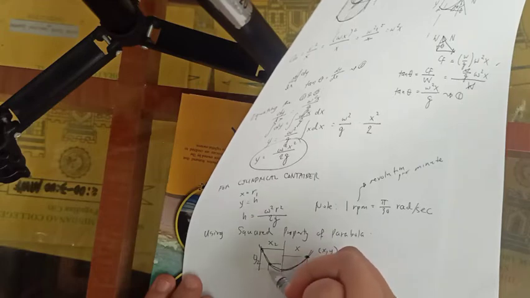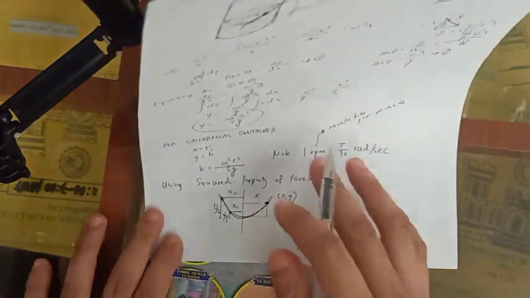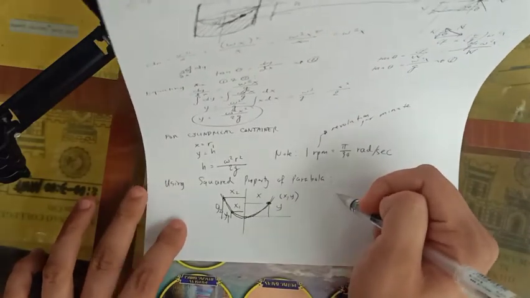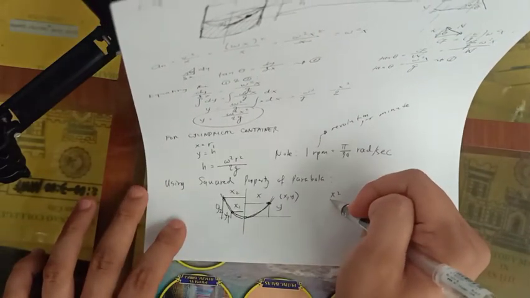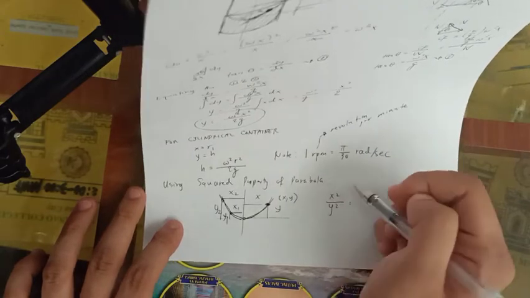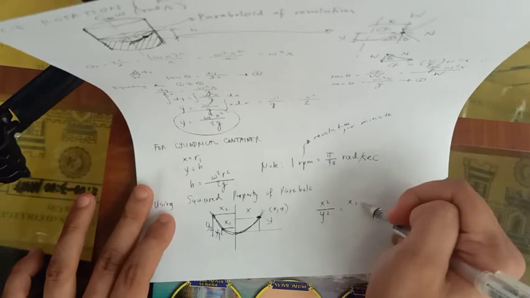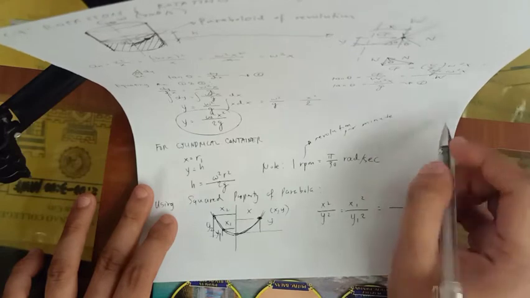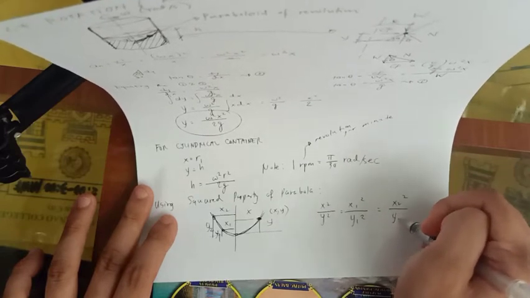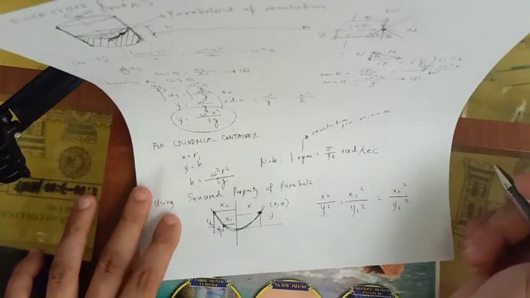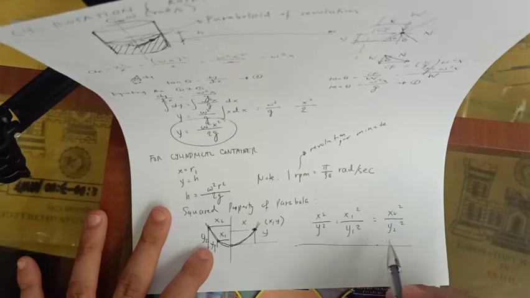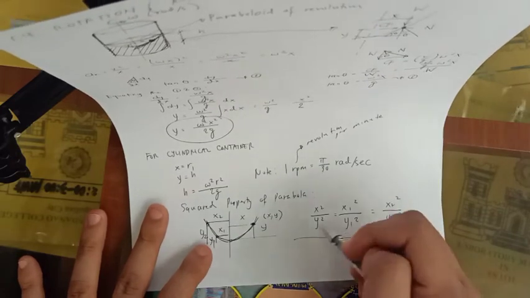So, from this illustration, we can have the square property of parabola wherein x squared over y equals x sub 1 squared over y sub 1 equals x sub 2 squared over y sub 2. And always remember that this is applicable in the imaginary vortex below the vessel. It is only for the imaginary.